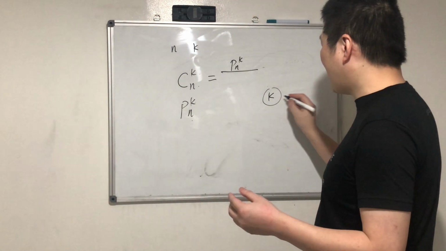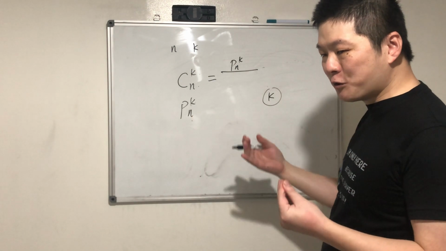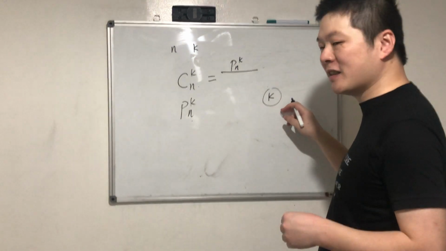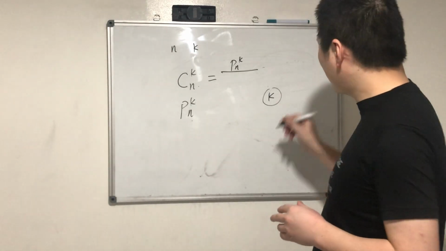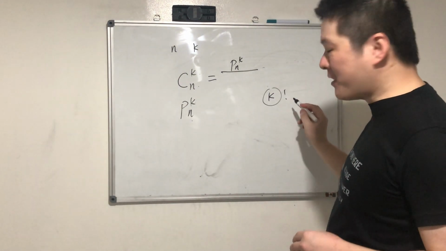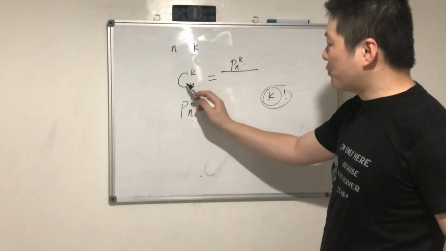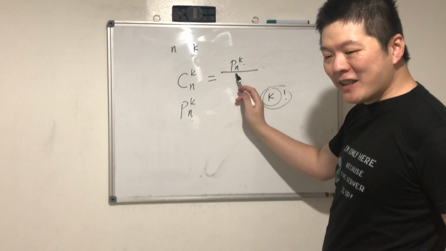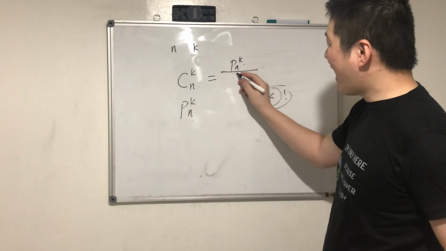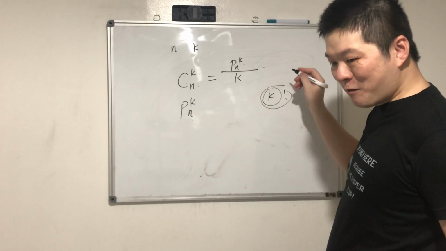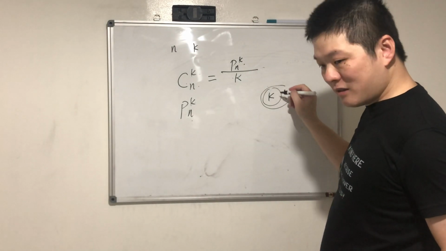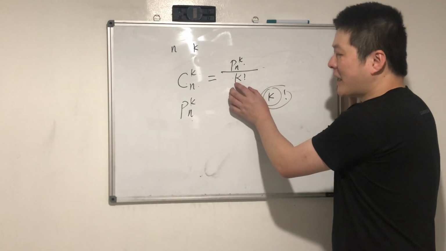If there are k numbers, how many solutions do we have when we permute k? K factorial. That's very well done. So this is with orders. This is without orders. So what do we need to divide here? K factorial. Yes. Do you get it?